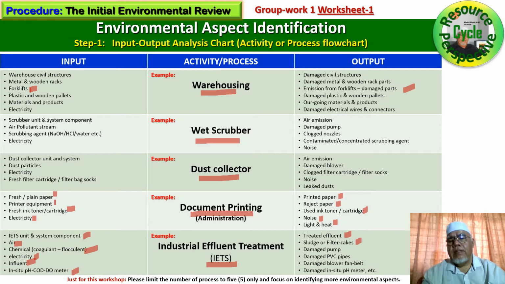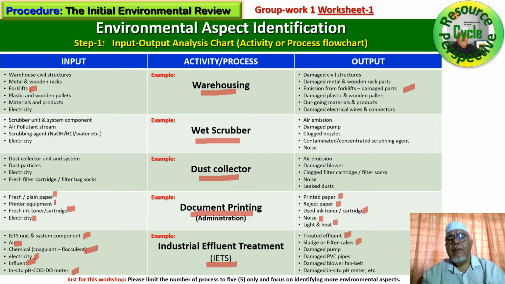Filter cakes. If you couple the filter press as part of the ETS, then this is correct. But if the filter press is classified as a separate unit, then we should have this in a separate input-output analysis. But you can have it in one for convenience's sake.